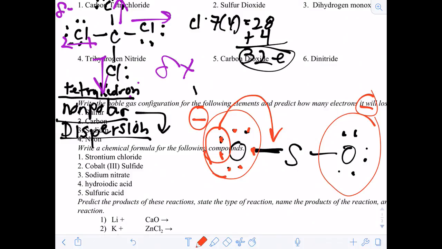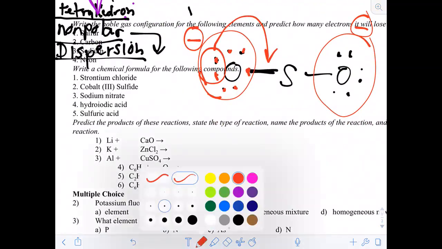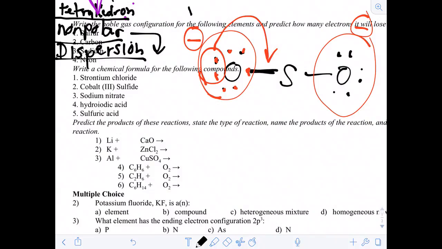So remember, you start by putting the electrons on the outermost atoms. If they're negative, make a double bond. So now the structure is going to look like this: sulfur in the center, double bonded to oxygen, and these 2 oxygens are just going to have 2 lone pairs instead of 3.